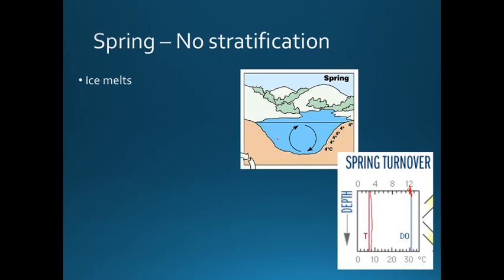And because the water is continually mixed, there are no differences in temperature, therefore no differences in density, so there's no stratification, and a little bit of wind will keep this lake mixing and circulating.